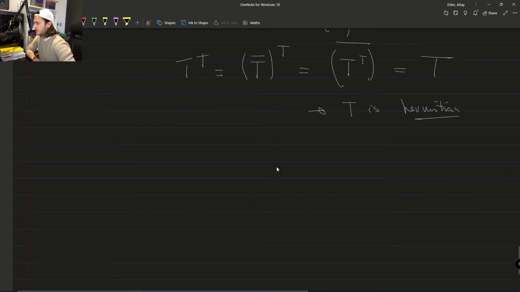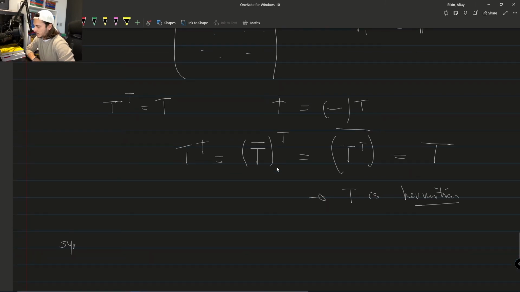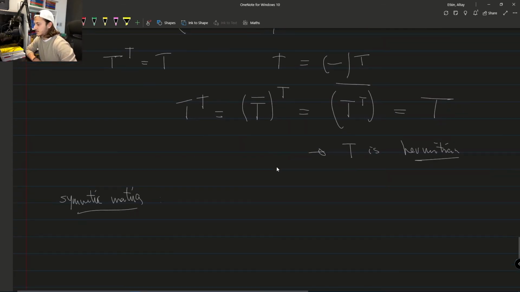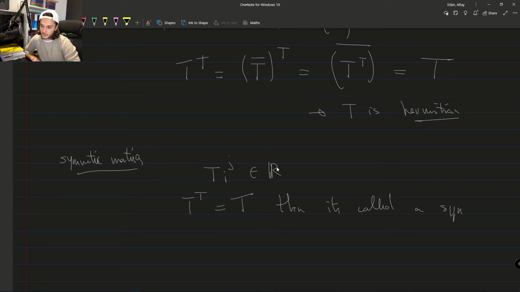Now another property is that because this is the symmetric matrices, and symmetric matrices are the matrices for which Tij, so the components of the matrix, are real numbers, and T transpose equals T, then it's called a symmetric tensor.